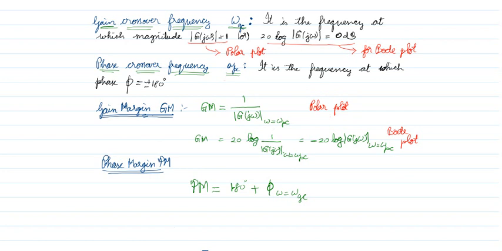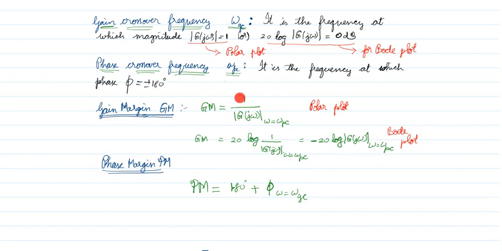But in a Bode plot, what we will do is 20 log of 1 by the magnitude at phase crossover frequency. So the 1 by becomes inverse: minus 20 log magnitude, at what frequency? Phase crossover frequency. So just remember that to find the gain margin, we have to find the phase crossover frequency, put that frequency in the magnitude, and take the inverse.